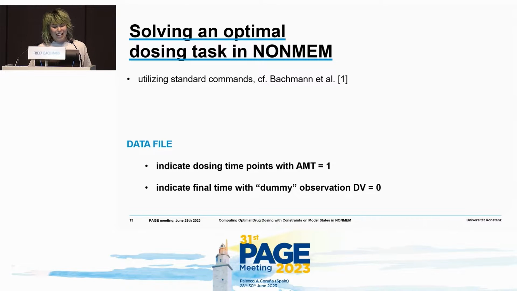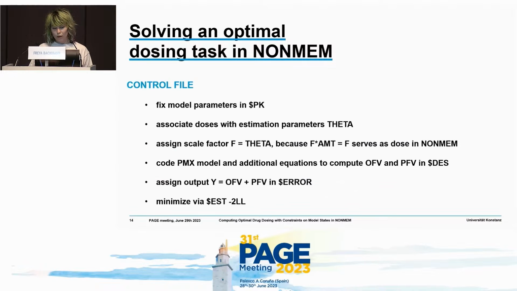So in the data file, we indicate the dosing time points with amount equal to 1, and we indicate the final time with a dummy observation. In a control file, we fix the model parameters in $PK. We associate the doses with the estimation parameters theta. Then we assign the scale factor F equals theta, because F times AMT is the dose in NONMEM.